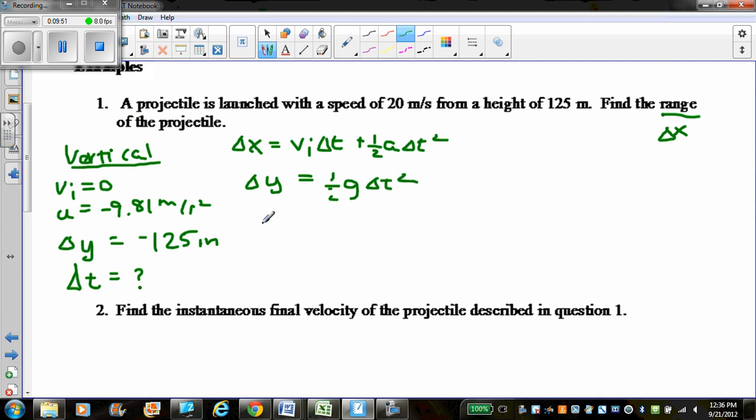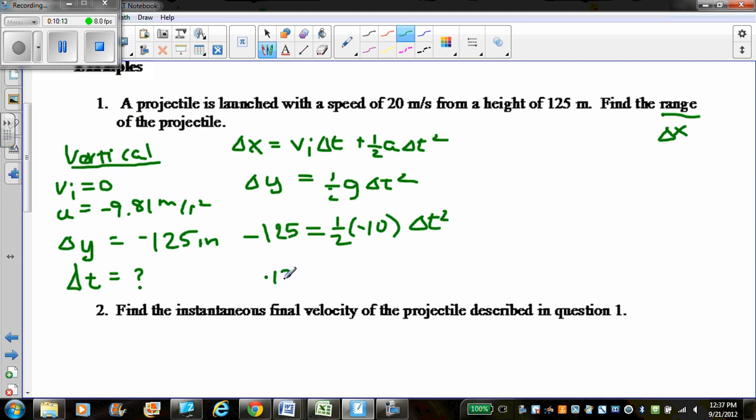And then I'll plug in what I know. I know that delta y is negative 125. The acceleration of gravity, I think this is a problem that I can solve without a calculator, so I'm going to use -10, being a little lazy there, instead of using 9.81.